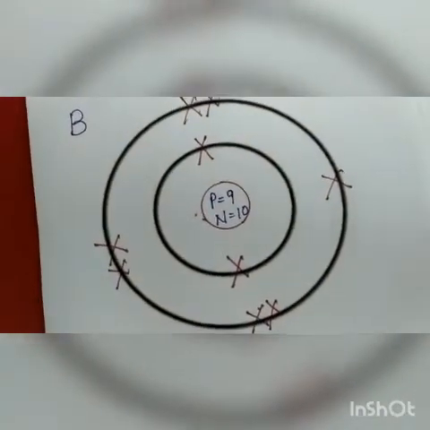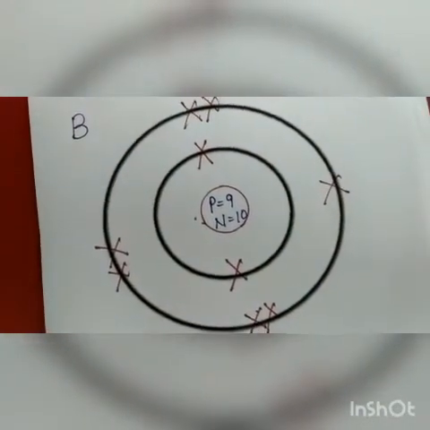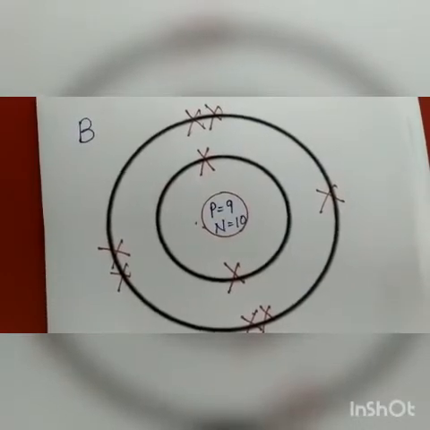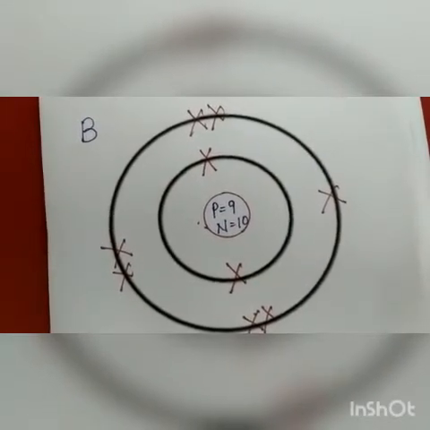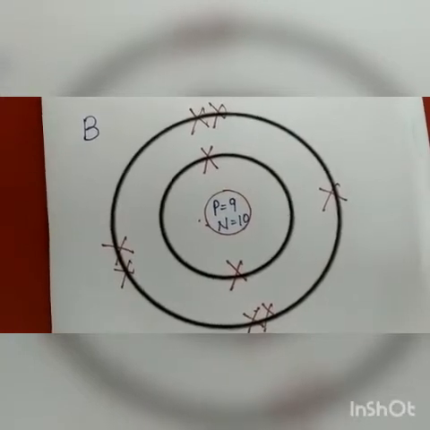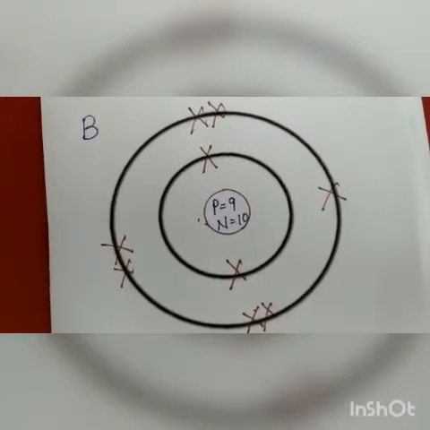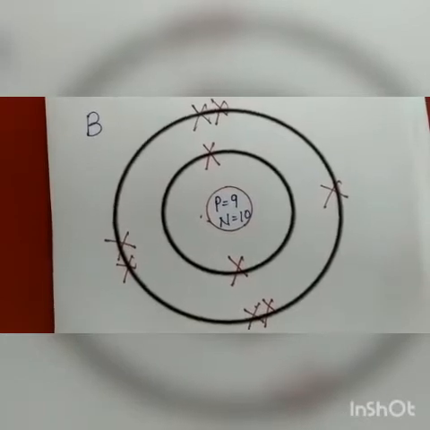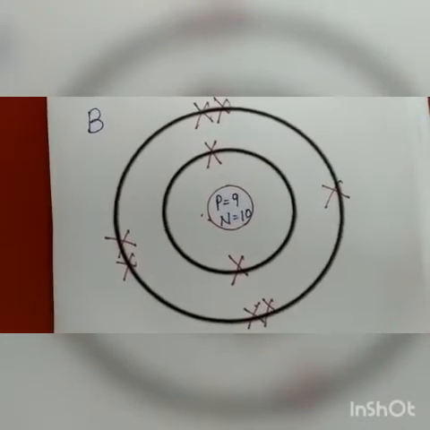Here a maximum of 8 electrons can be accommodated, but there are only 7 electrons, so this atom is unstable. In order to stabilize the atom, there should be 8 electrons in the outermost shell, and this is called an octet. If the outermost shell has 8 electrons, it is called an octet. But here the outermost shell has only 7 electrons. That is why the atom is unstable.